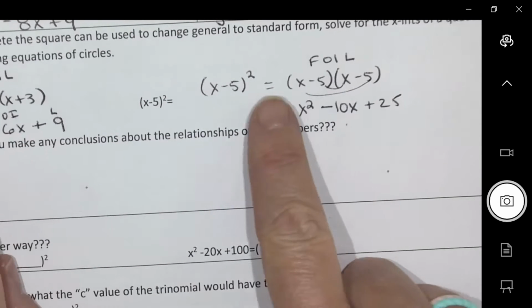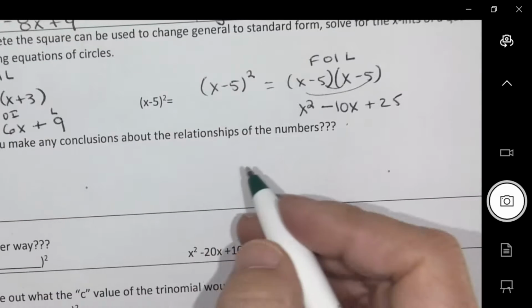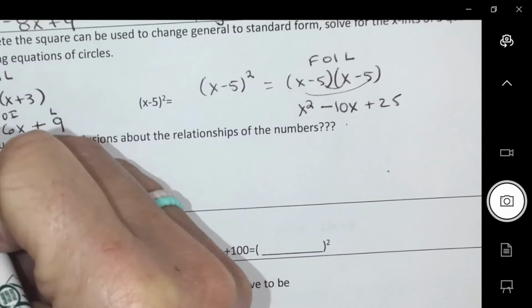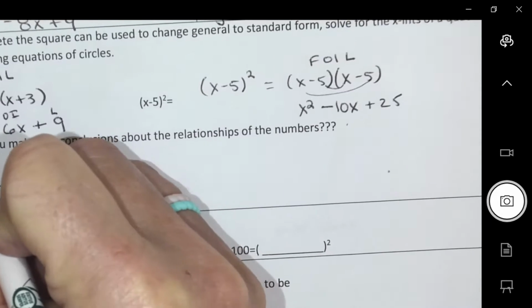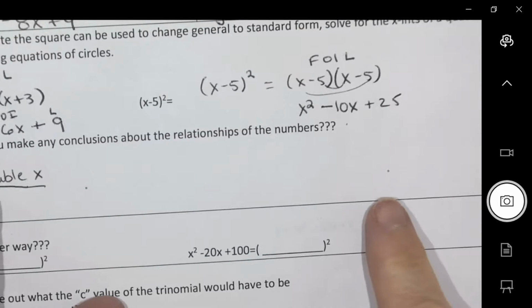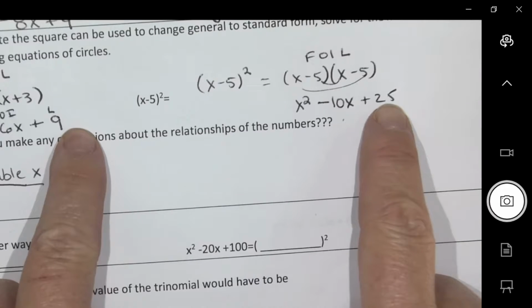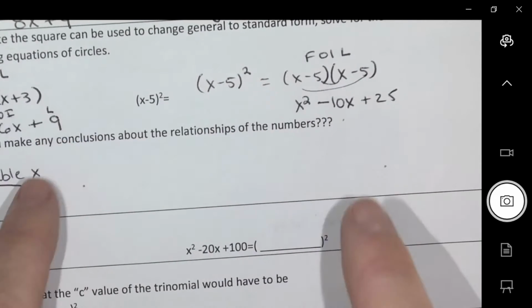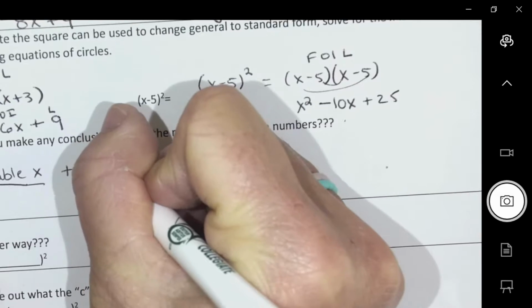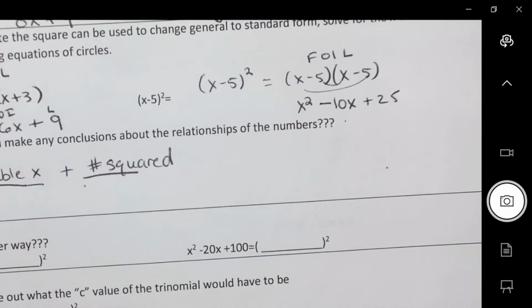What did happen? It doubled. Yep. And look at the number in the bracket and then the last part. It gets squared.